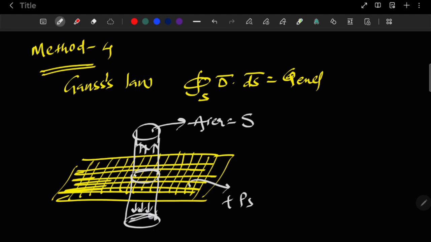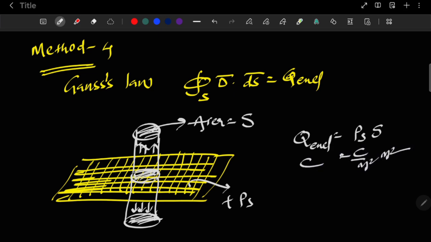Okay, so this area is S, this area is S, this area is also S. So what is the amount of charge available in that particular area? Charge enclosed is equal to rho S into S, coulombs per meter square into meter square is equal to coulombs. So we have the right side part.